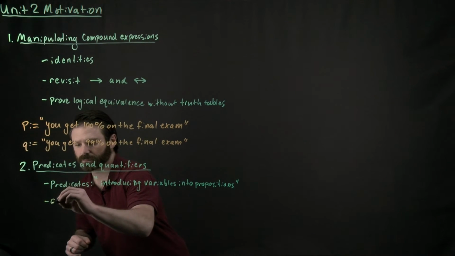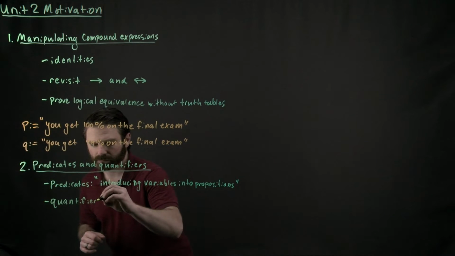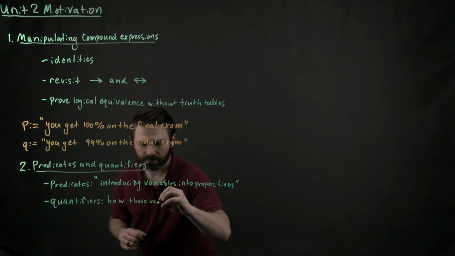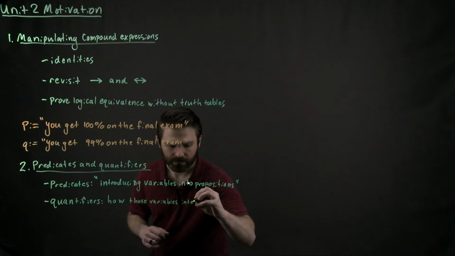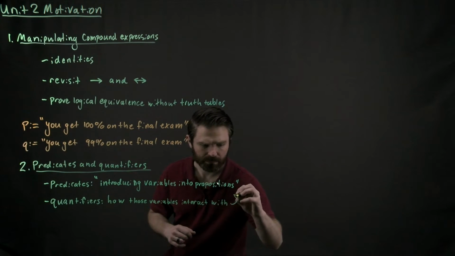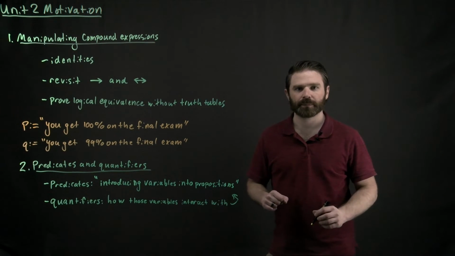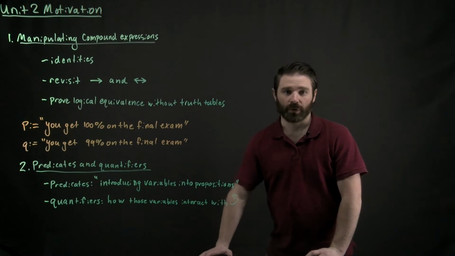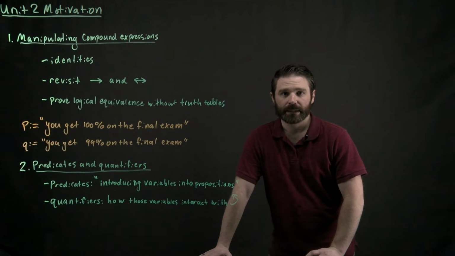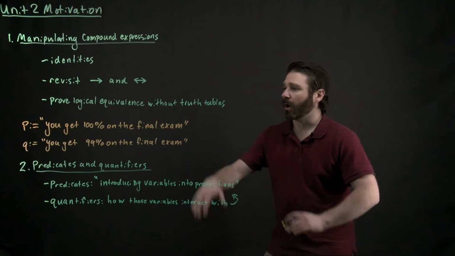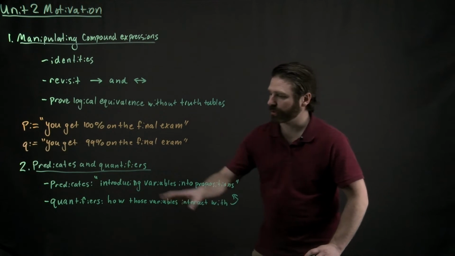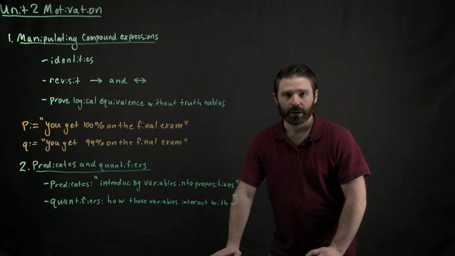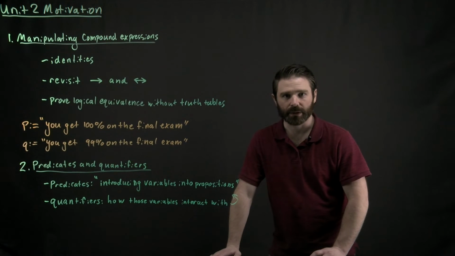The second part is quantifiers. For example, with your algorithm, you might want to have a proof of correctness, so you want to say that this algorithm is going to work on every possible input. You want to quantify for what values of those variables your algorithm is going to return a correct answer.